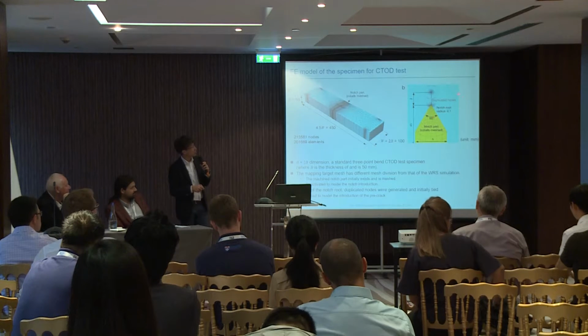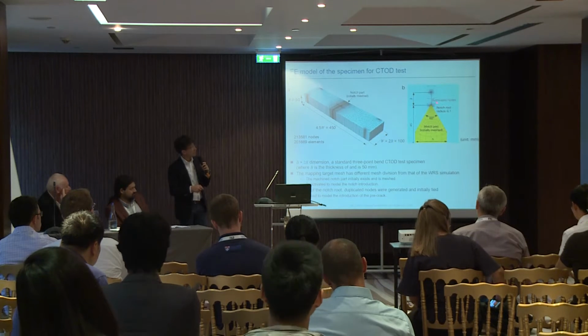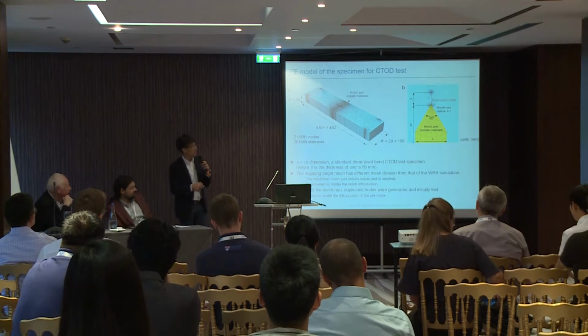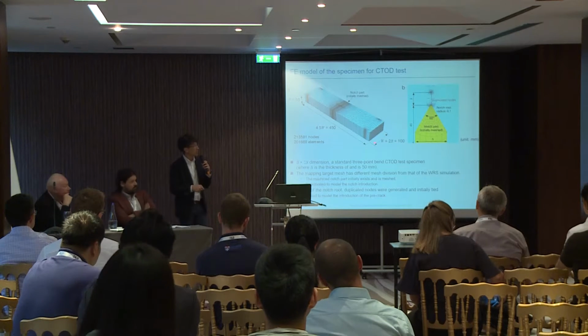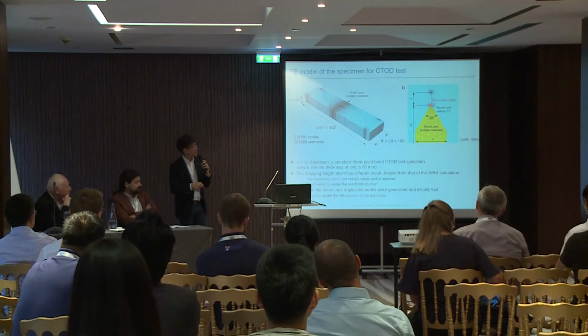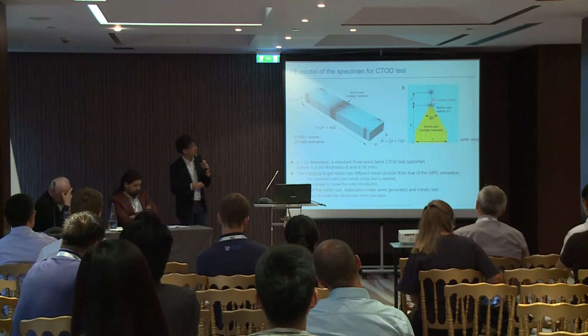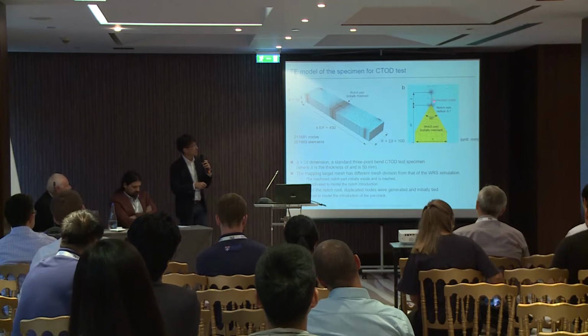This is to model the notch introduction and then the pre-crack introduction. The notch part is deactivated to model the notch introduction, and after that, for the pre-crack, these duplicate nodes are separated to model the pre-crack introduction.